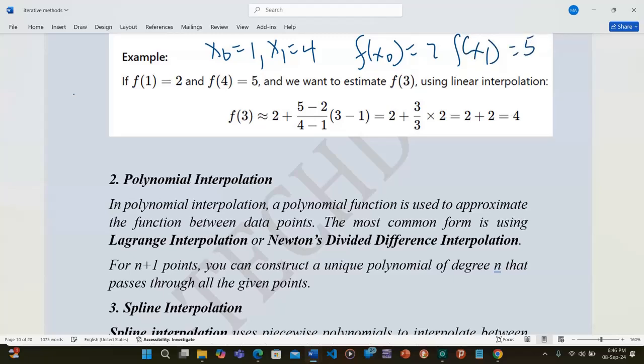So we are looking for f of x at x is equal to 3. So you can use that formula and get those values.